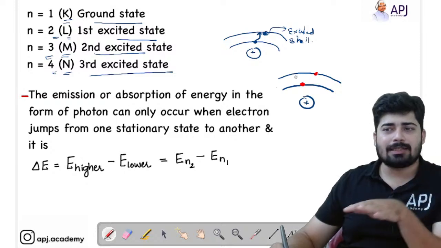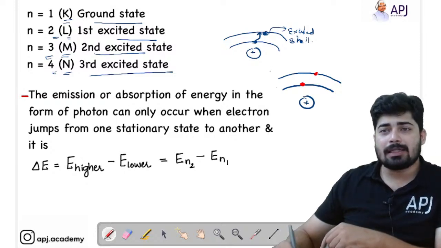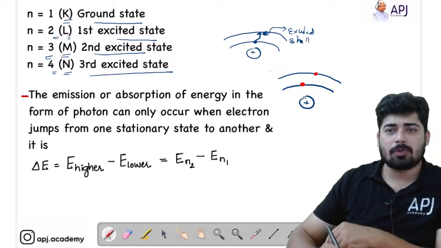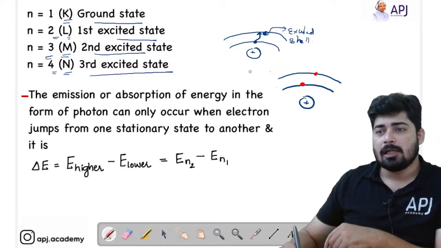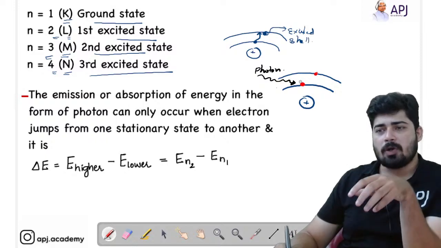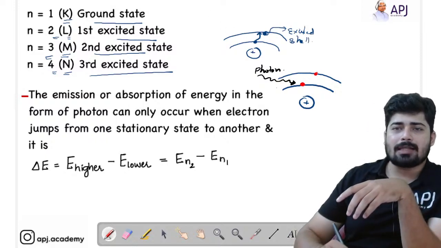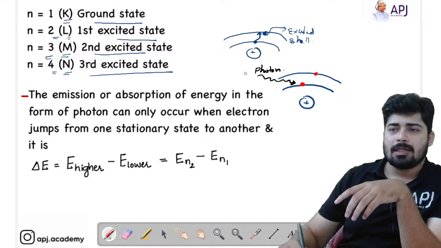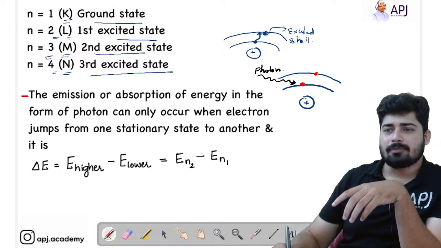It has to increase its energy. So in order to increase its energy, it has to absorb energy. From where does it get the energy? It gets the energy from the photons. This is a photon. So it absorbs a photon of particular energy, and then it jumps to the next energy level.